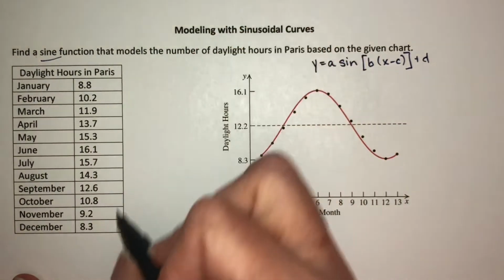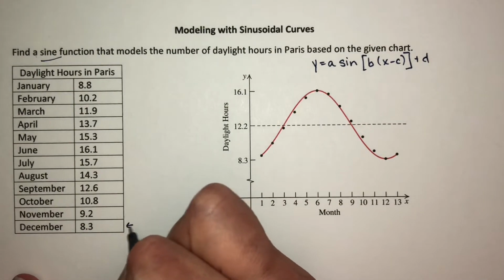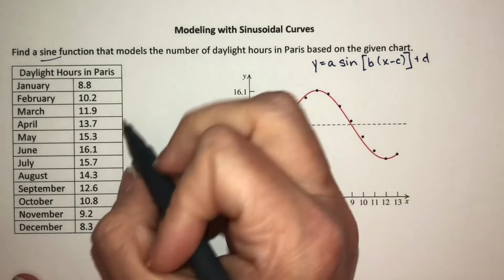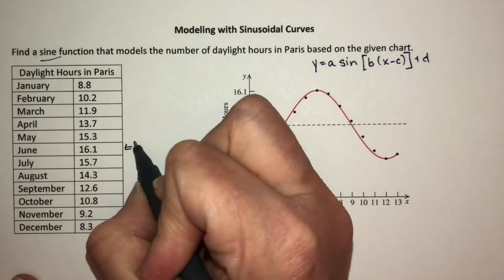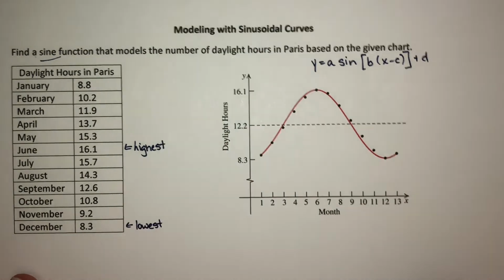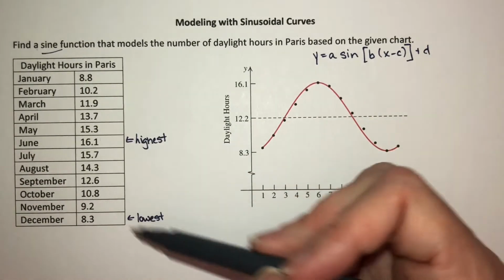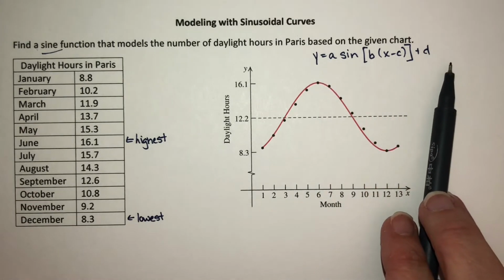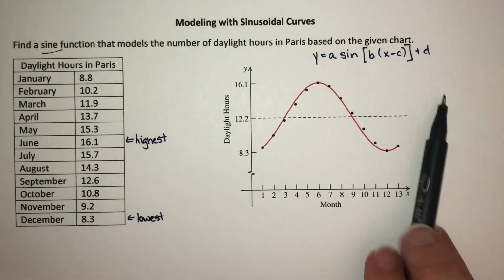Here in December is our lowest value, and in June we have our highest value. We will easily be able to get our A value and our D value from this.